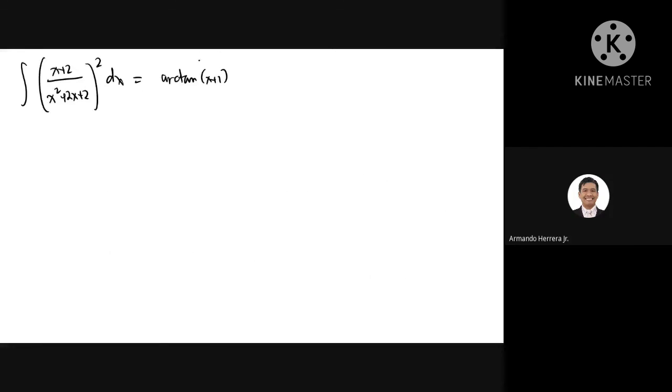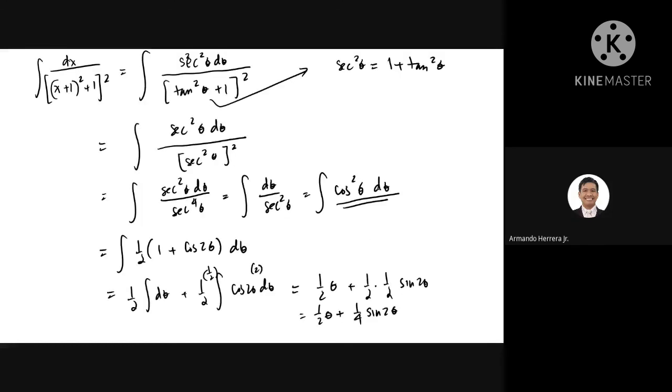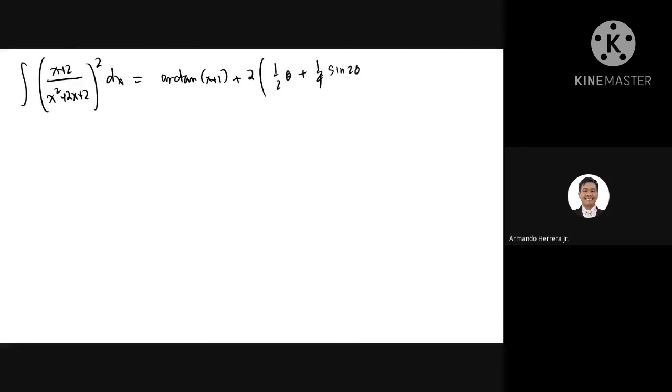Let me rewrite it first before I simplify. So, I will have here 2 times 1/2 theta plus 1/4 sine 2 theta. Of course, plus c. So, this is now equal to arctangent of x plus 1 plus theta plus 1/2, 2 times 1/4. Sine 2 theta is 2 sine theta cosine theta using our double angle identity for sine.